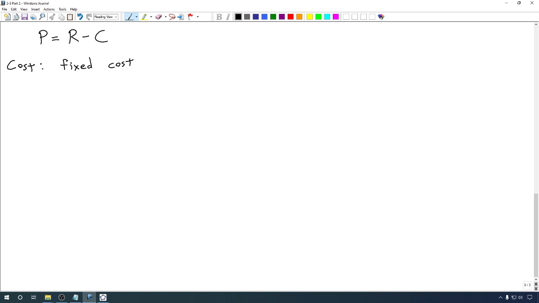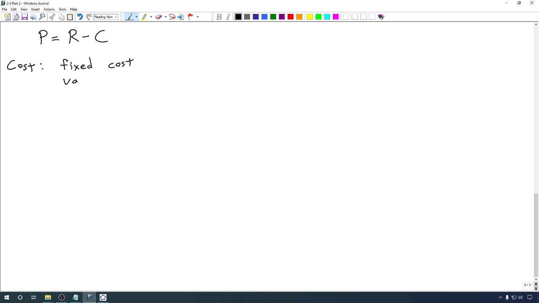We're not really taking that into account right now. There's a lot of variables that can come into play. But in the very simplified version that we're looking at right here, we're just going to assume that we have some fixed cost, whatever it is.